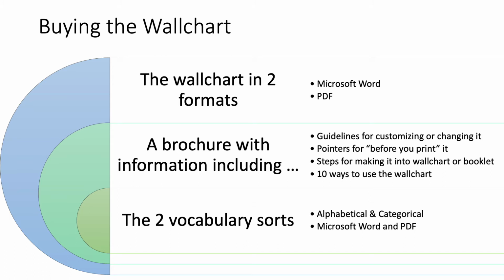There is also a brochure that gives you guidelines for customizing or changing the wall chart, pointers for before you print it, steps for making the 15 pages into a wall chart or booklet, and 10 tips or ways to use the wall chart. Finally, there are two vocabulary sorts, alphabetical and categorical. Again, they are provided as a Microsoft Word file, so you can easily add to it, and a PDF file.